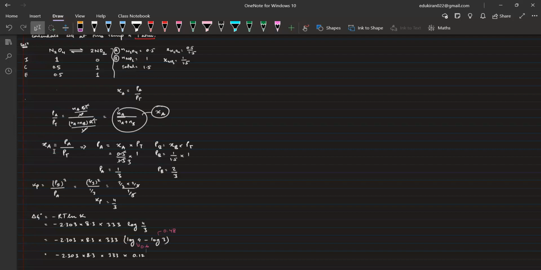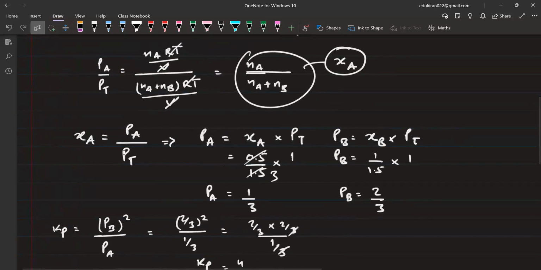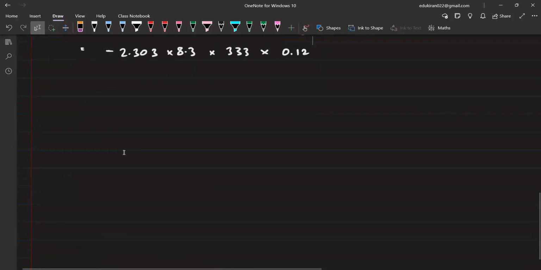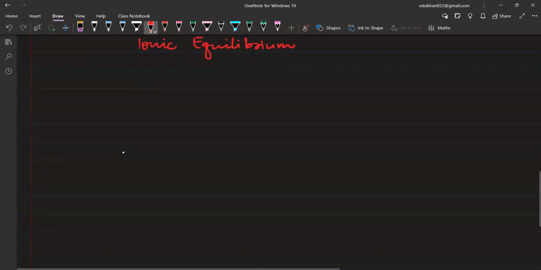Ionic equilibrium. What is ionic equilibrium?